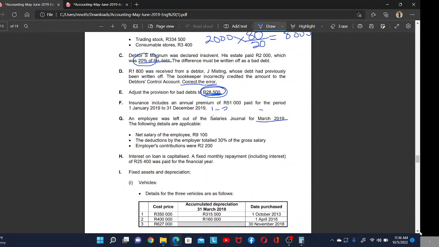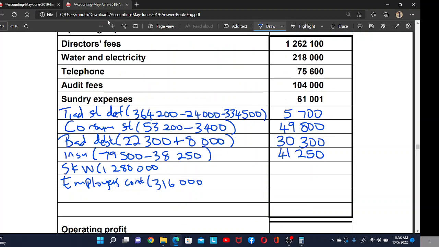Okay, so an employee was left out of the salary schedule for March 2019. The following details are applicable. Net salary for the employee is 9,100.